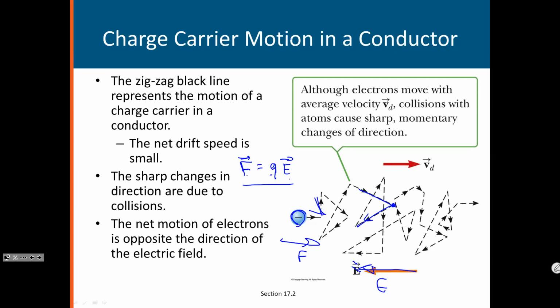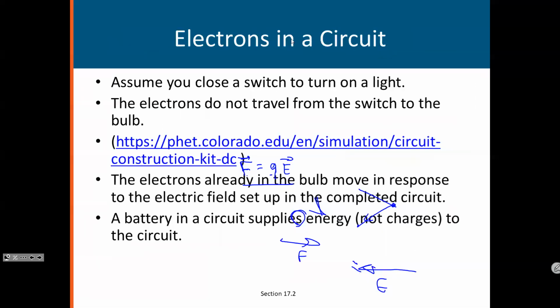That means in the opposite direction of the electric field. So this is the reason why this drift speed, the average speed of the electron when an electric field is applied, is going to be very small. It is a fraction of a millimeter per second. So the net motion of the electron is in the opposite direction of the electric field, and it will be a very small value.